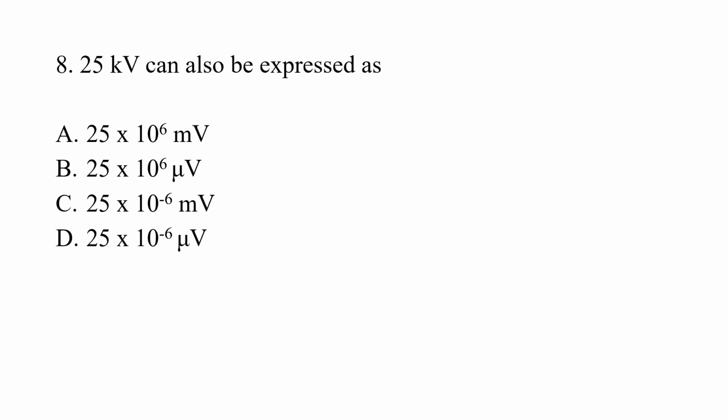Since millivolt to volt is basically 10 to the negative 3, 25,000 volts in scientific notation would be 25 times 10 raised to the 6th millivolts. That's 25 times 10 to the 6 times 10 to the negative 3, which would result in 25,000 volts. So the answer would be A.